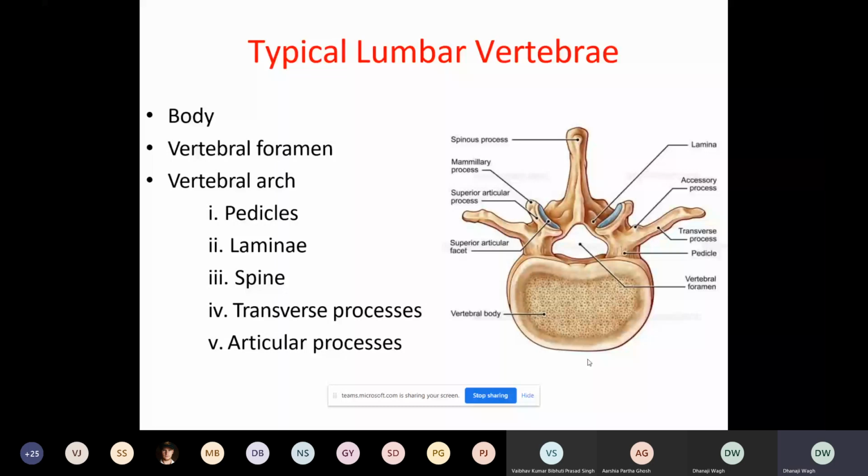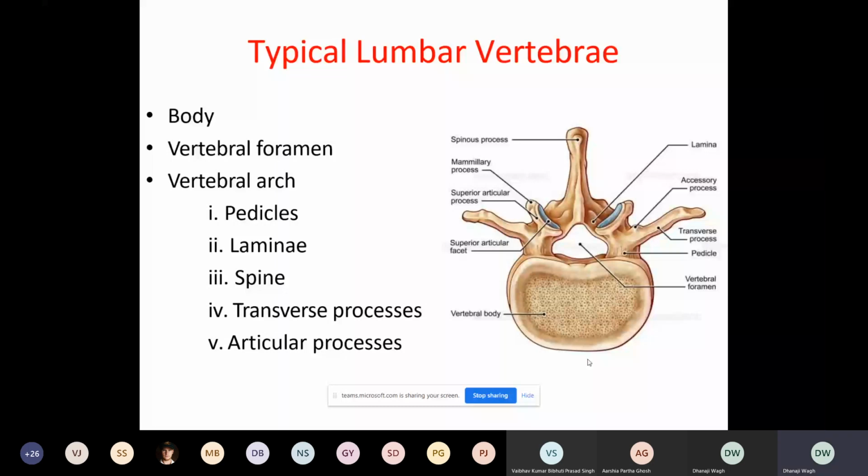So regarding the spinous process, it is a vertical quadrilateral plate directed backward and slightly downwards, thickened along its posterior and inferior borders.